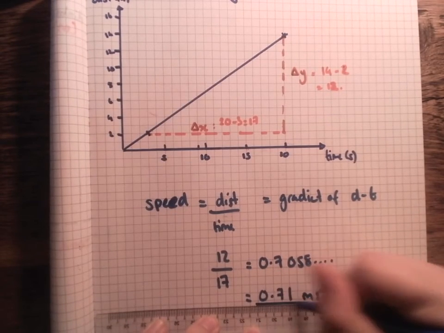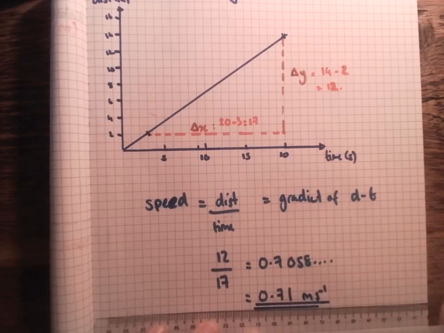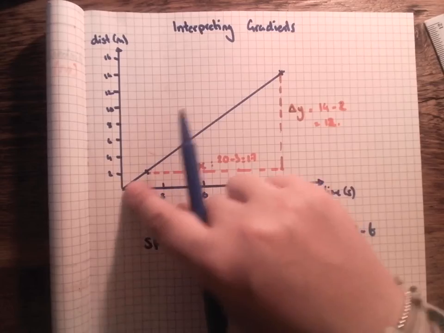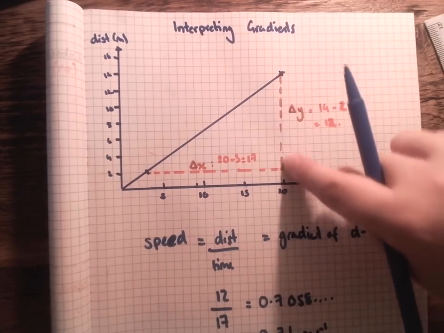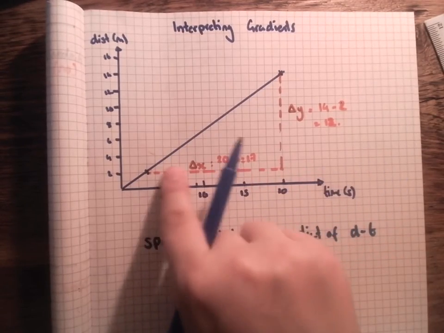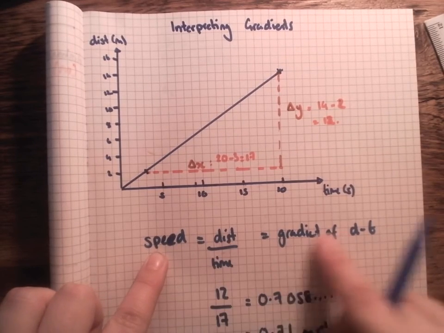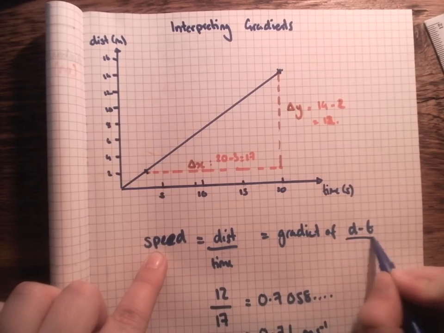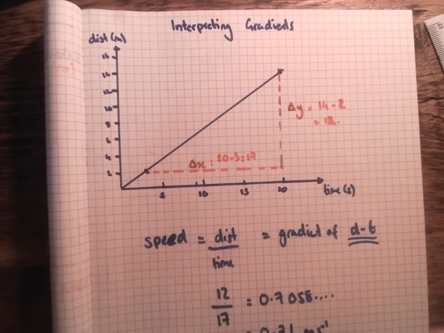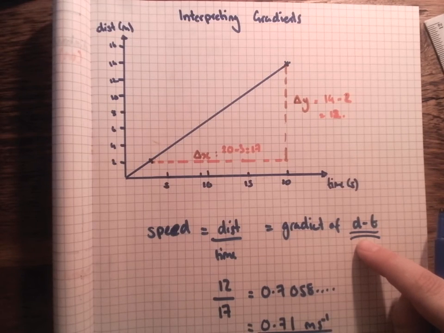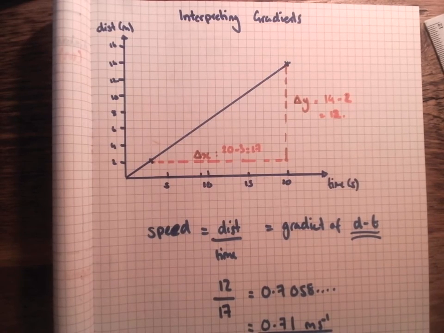If you are doing a distance time graph, to calculate your speed, you're just going to do the change in your y over the change in your x, so calculating the gradient. So speed is distance divided by time, it's the gradient of a distance time graph. Make sure, again, you've got distance on this axis. It's a little bit different if we're doing a speed time graph or a velocity time graph, so don't fall for that one.